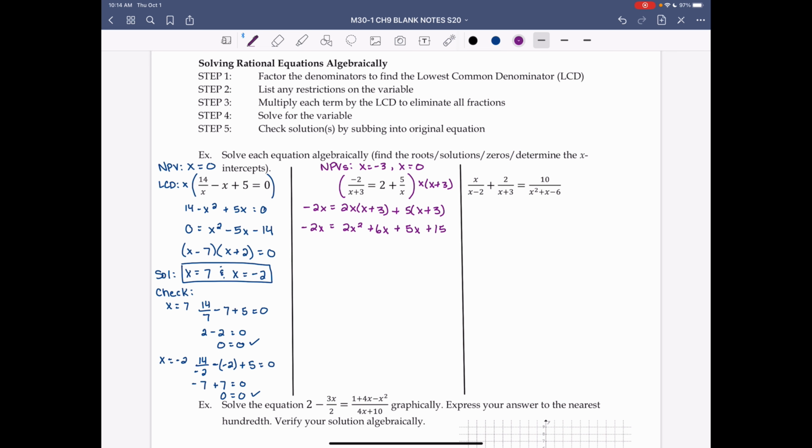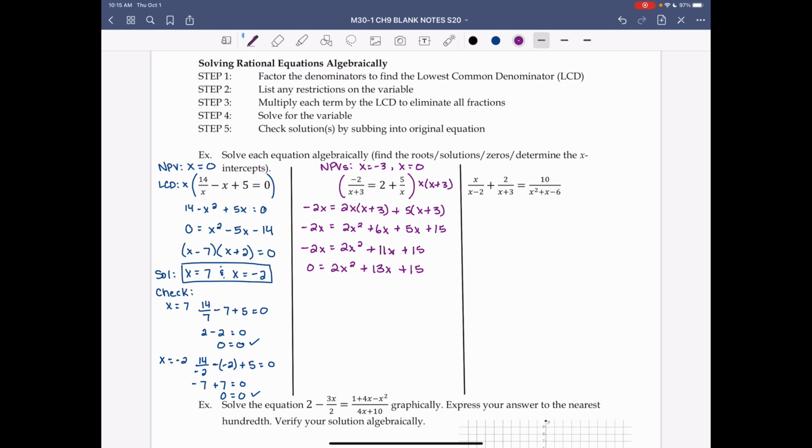Next, we want to combine like terms. -2x equals 2x squared plus 11x plus 15. Let's move this -2x over so everything's on one side. 0 equals 2x squared. We'd have to add 2x to both sides. So plus 13x plus 15.